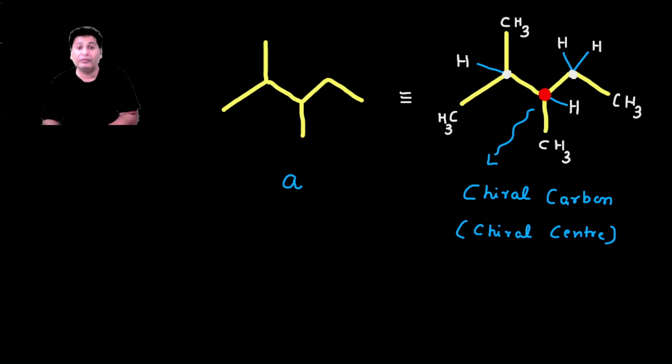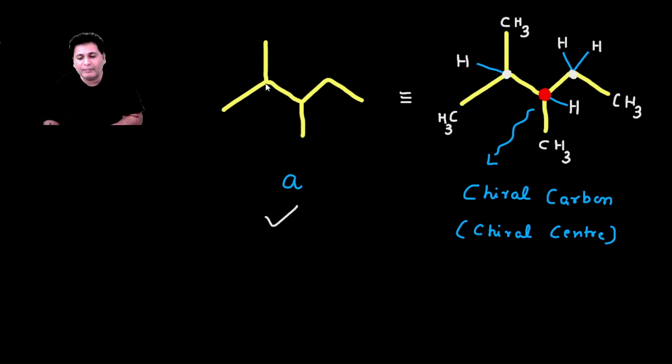Now, we will start with compound A and try to find whether it has a chiral carbon or not. And how are we going to see that? By recognizing that any carbon with 4 different groups connected around it is going to be a chiral carbon. Once you see this bond line diagram, I have tried to include the hydrogens also, because all the carbons are tetravalent, all are making 4 bonds.